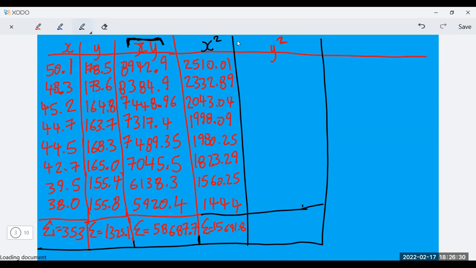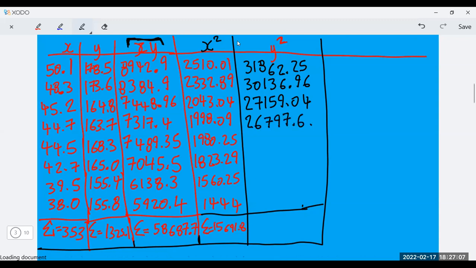178.5, I will square it, we get 31862.25. 173.6, I will square it, we get 30136.96. All right. And then 164.8, I will square it, we get 27159.04. 163.7, I will square it, we get 26797.69.